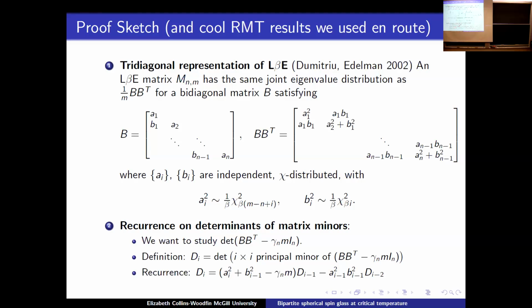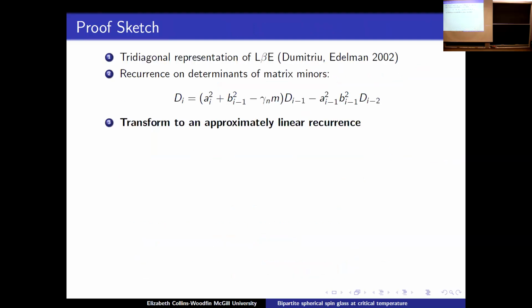We think about the determinant of the i by i principal minor of this matrix, and then we can make this recurrence. So if this is the determinant of the full matrix, we can write it in terms of the determinant of the matrix that's 1 smaller and the matrix that's 2 smaller. Okay. So we have this recurrence, and then we want to analyze that to form our CLT.